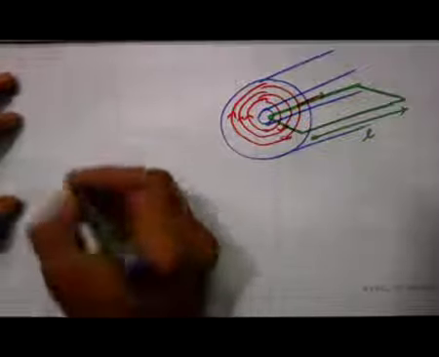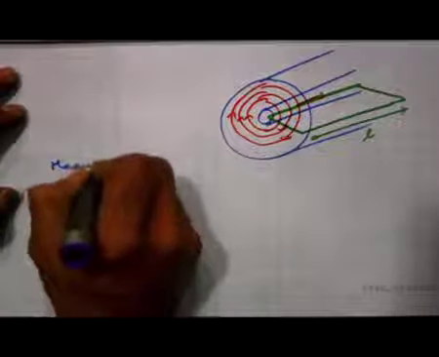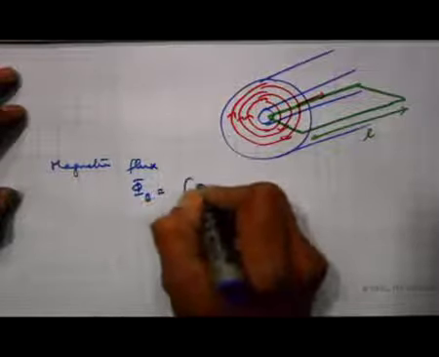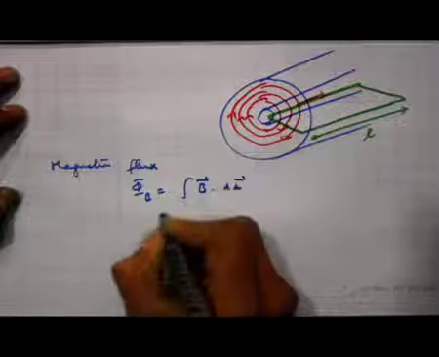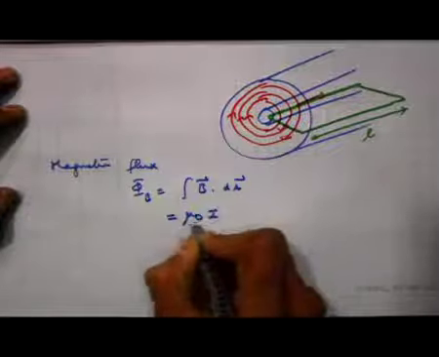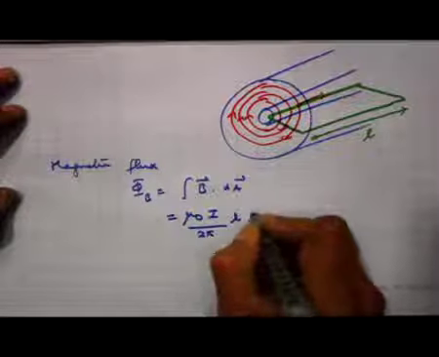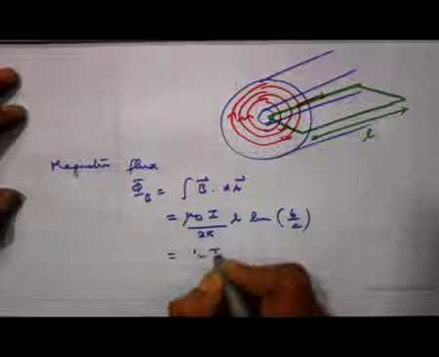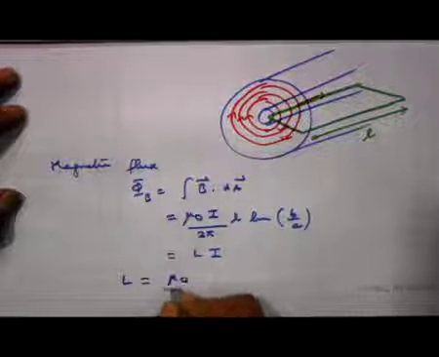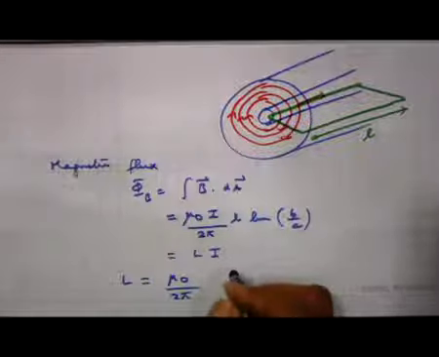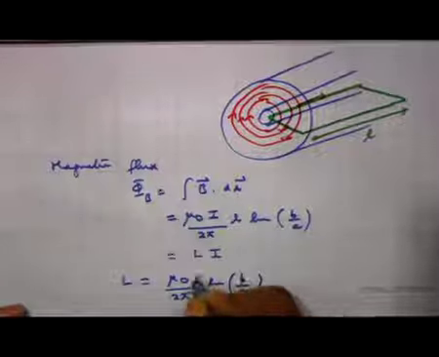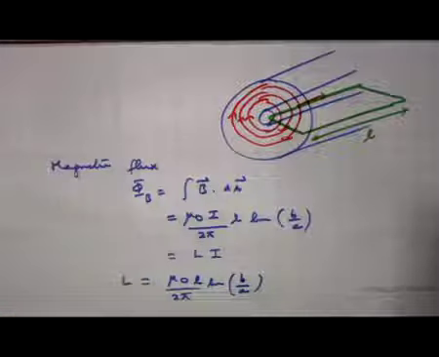You can calculate the flux, it is the magnetic flux phi B equal to the integral of B dot dA, which will come out to be mu naught I by 2 pi L into log B by A, and this can be written as L times I, and I get an expression for L which is mu naught L by 2 pi into log B by A, which is exactly the same as what we had obtained from the energy density calculation.